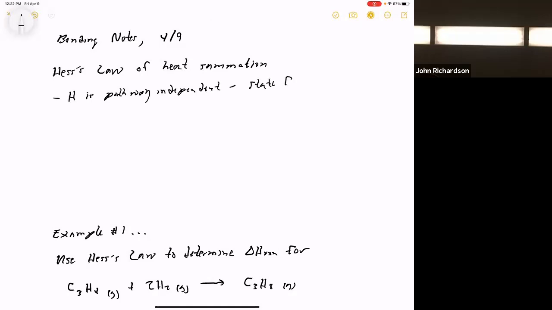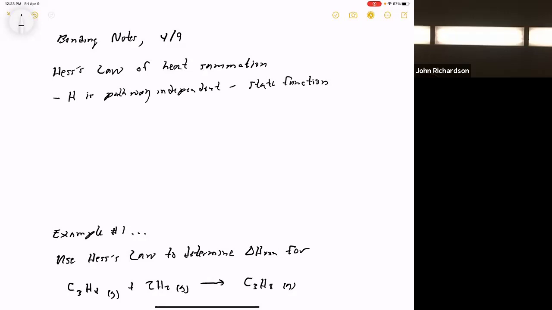And we know that it's a state function because we represent it with a capital H. Okay, so that was a couple videos back. So that's a nice thing to be able to utilize. So what this means is that I can choose any pathway I want to calculate a delta H of reaction as long as it's a valid pathway.